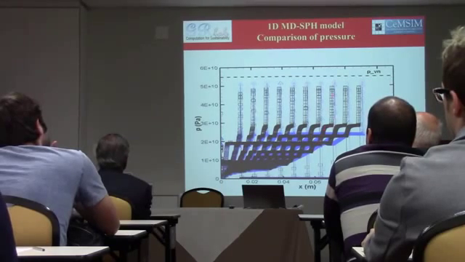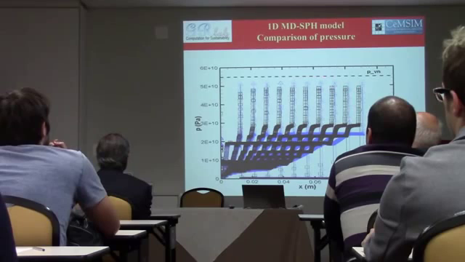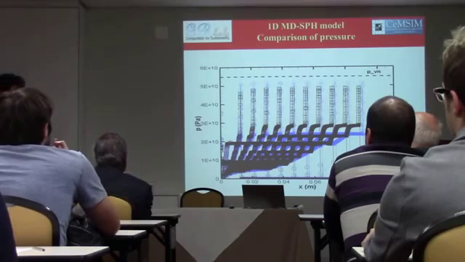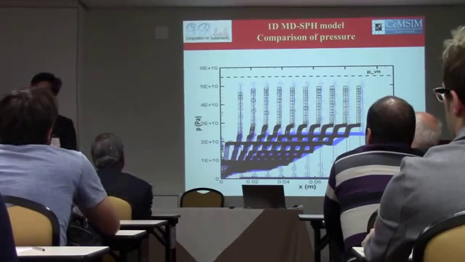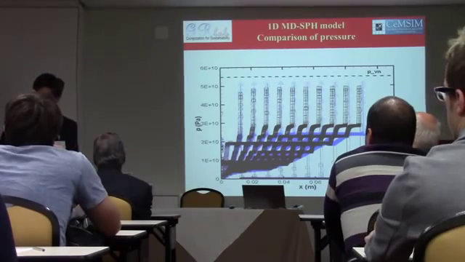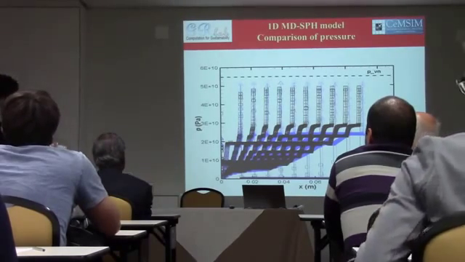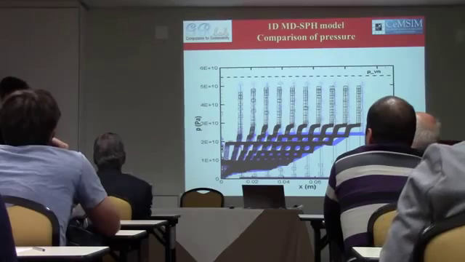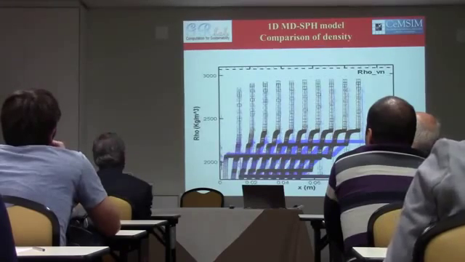This numerical solution is quite close to that. The blue curve is the same simulation, but using the traditional EOS, not the one I got from the MD. There are some discrepancies here, which we do not know how to explain.